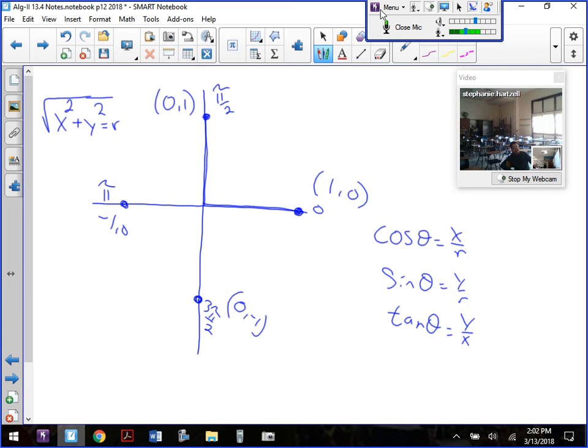So if I'm looking at 0, cosine at 0 is x over r. Well, I have to figure out what r is. At 0, I have 1 squared plus 0 squared. What's 1 squared? What's 0 squared? What's 1 plus 0? 1. And what's the square root of 1? 1. So that means at 0, I have an x value of 1, a y value of 0, and an r value of 1. What's my r value at 90?